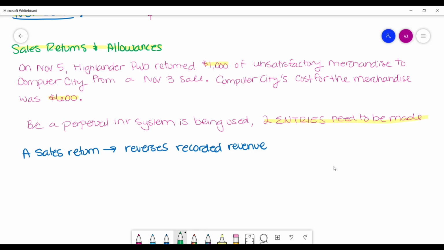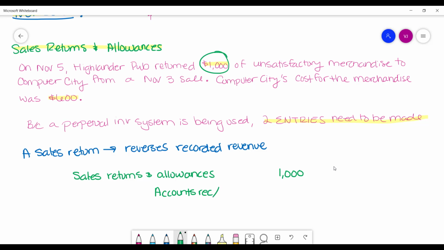So instead of debiting sales, we're going to debit sales returns and allowances for the $1,000 of merchandise they returned. And we are going to credit accounts receivable or cash, either one, because if they still owe us for the total amount that they bought, we can just reduce the receivable, reduce what they owe us, or we can just credit cash if they're getting an outright cash refund. So that's the first entry to record the sales return.